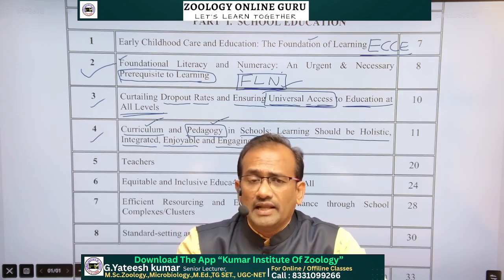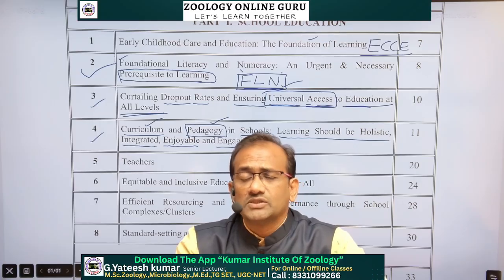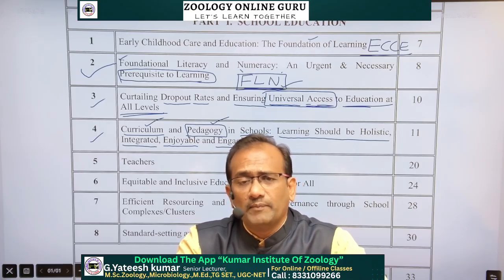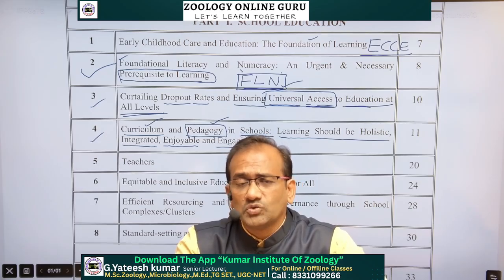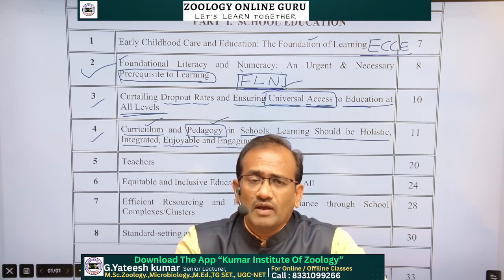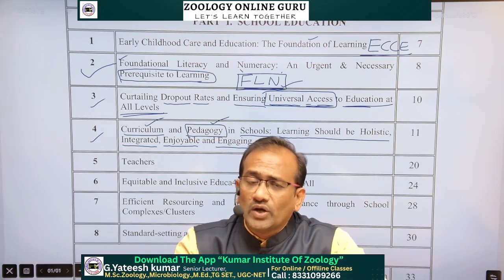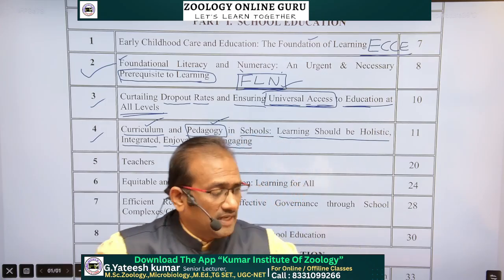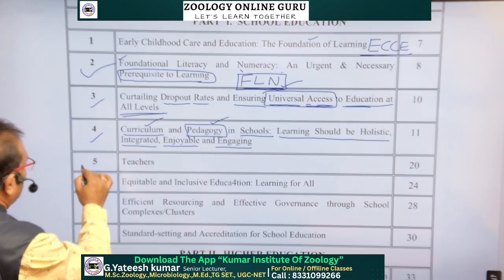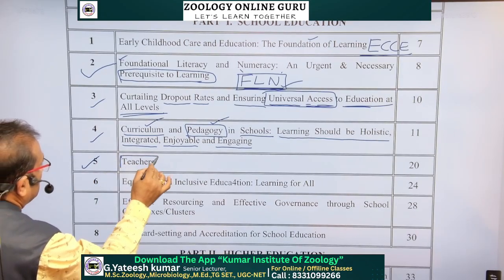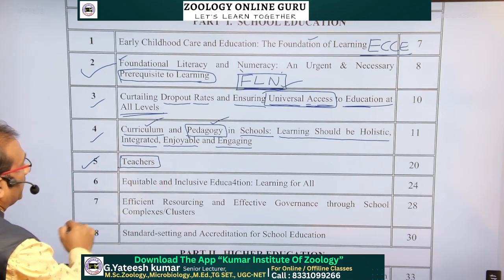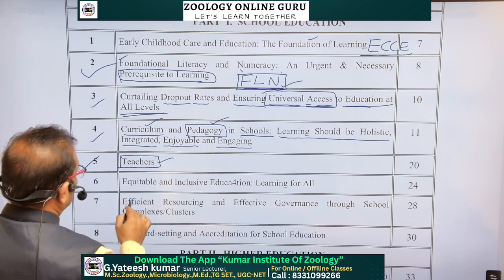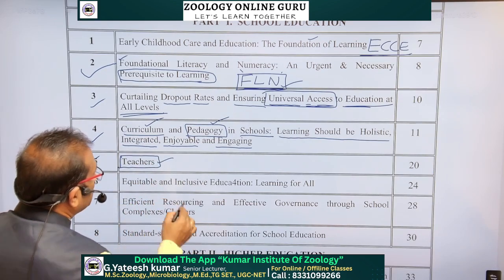The learning should be enjoyable and also engaging. That is present in chapter 4, curriculum and pedagogy in schools: learning should be holistic, integrated, enjoyable and engaging. And about teachers, most important from the exam point of view, is present in part 1, chapter 5, about teachers. And chapter 6, equitable and inclusive education.